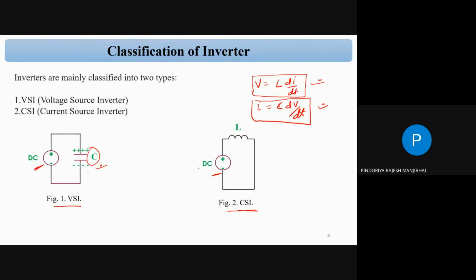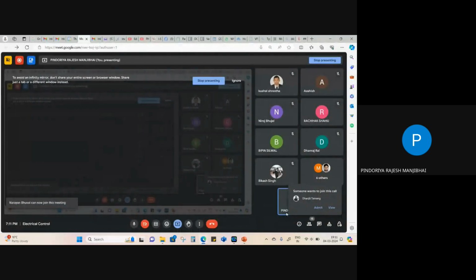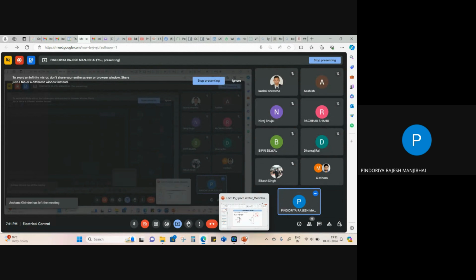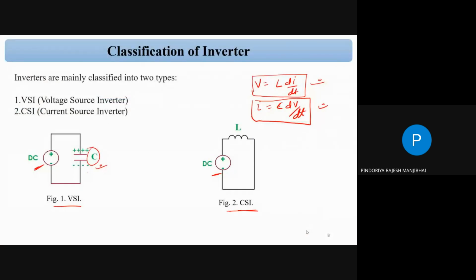Because those are the elements, inductor, capacitor and resistor, and from that nature we can define the impedance. But maybe you are right. So by the equivalent circuit we can justify that the input impedance of the voltage source is high and the input impedance of the current source is low. Maybe you are right, but I am not sure. But I will work out the equivalent circuit and then let you know.